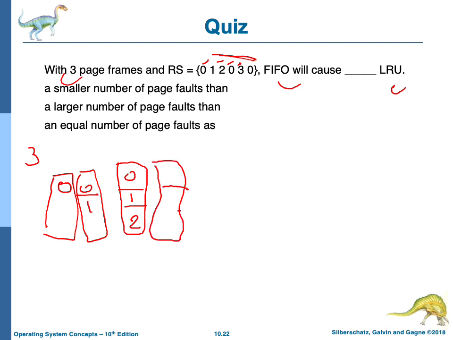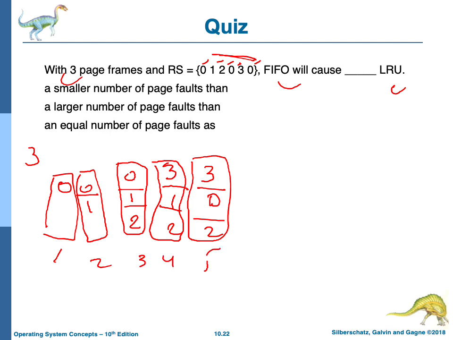The oldest here is 0, so we're going to replace 0 by 3, and then the next reference is 0, and then next oldest is 1. So how many page faults? 1, 2, 3, 4, 5 page faults.